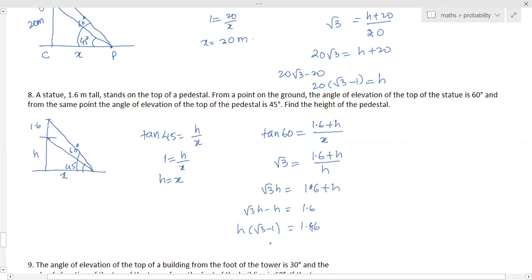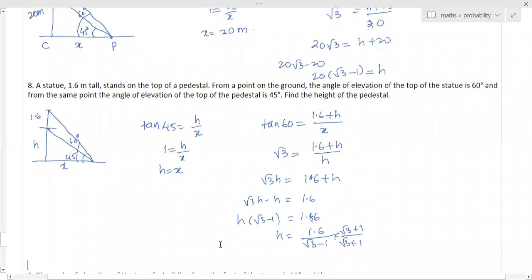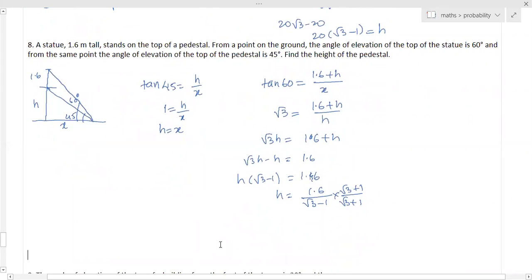So h is equal to 1.6 by root 3 minus 1 into root 3 plus 1 by root 3 plus 1. So this is equal to 1.6 into root 3 plus 1 by 3 minus 1, which is 2, to 0.8. So 0.8 into 1.732 plus 1. 0.8 into 2.732.